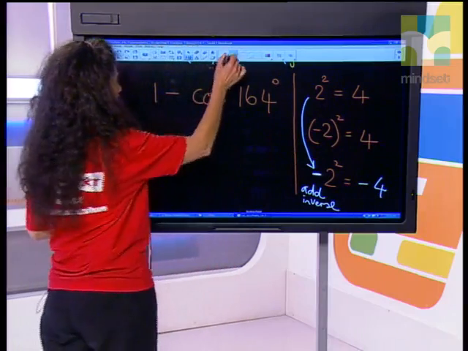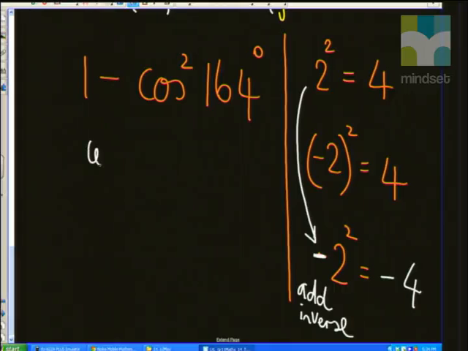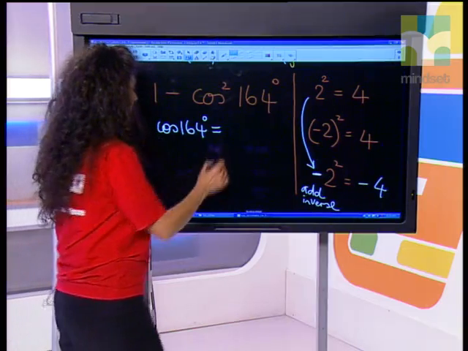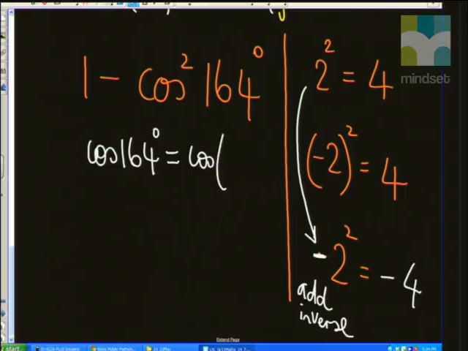Right, and where do I begin? With just cos 164. I just want us to look at what happens with cos 164. Grade 11s, reduce this. First question, position. Which quadrant is the terminal ray in? Quadrant 2. Good. So this is going to be the same as cos of 180 because I'm in quadrant 2, and it will be the supplement of which acute angle?